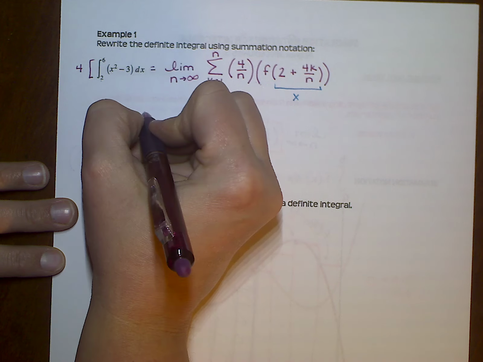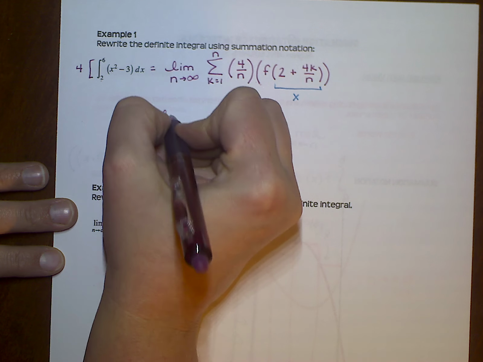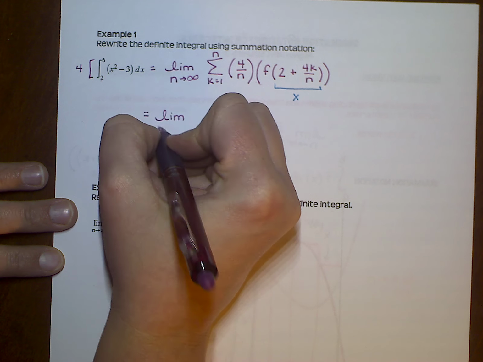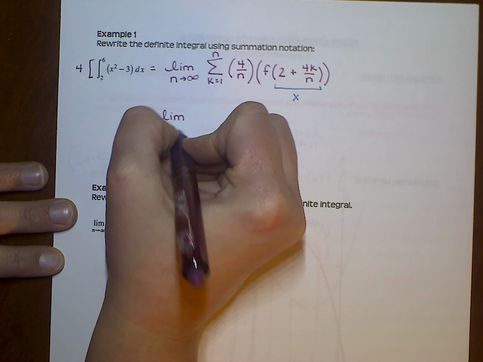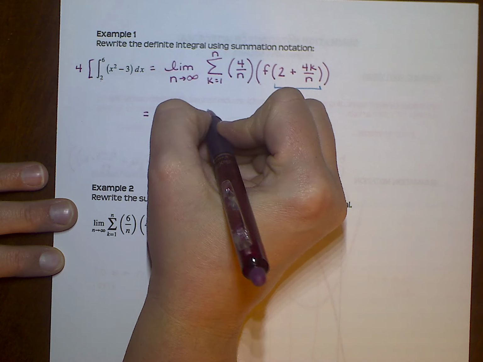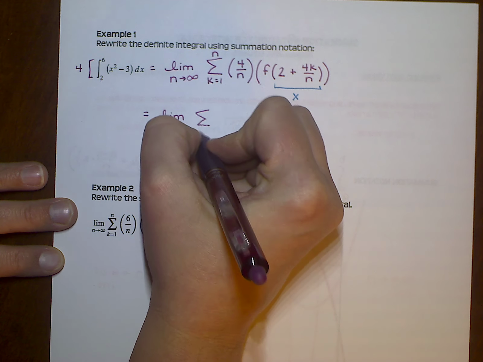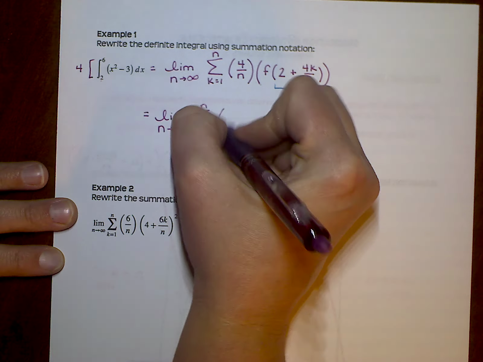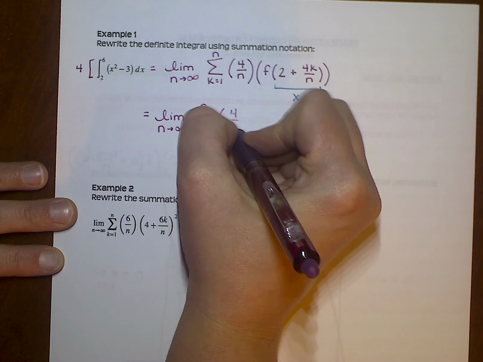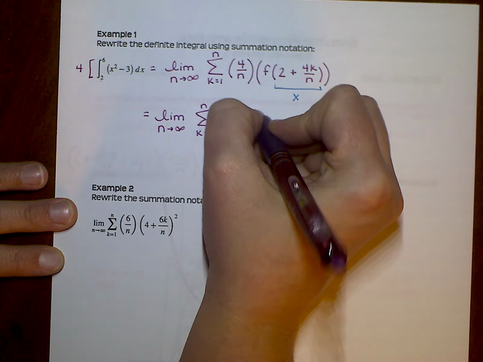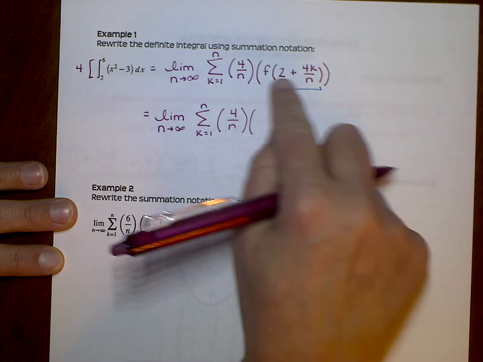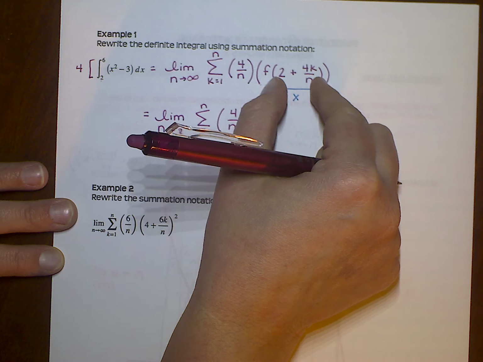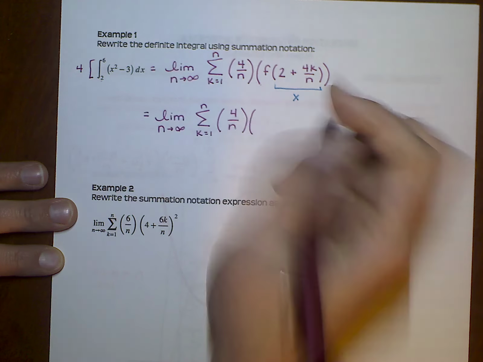So let's rewrite again. This is good practice. Limit as n goes to infinity of the sum of k equals 1 to n. All of this is staying the same, 4 over n. But now I want to figure out what this would look like if I took this thing inside the parentheses and put it in place of x.